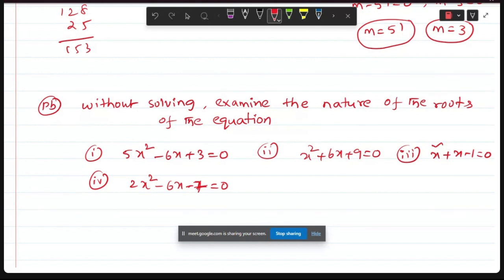So 1, 3 and 4 are greater than 0 and the second is equal to 0. What is the conclusion? Okay, delta greater than 0, delta is equal to 0. But what is the conclusion? What is the first equation?